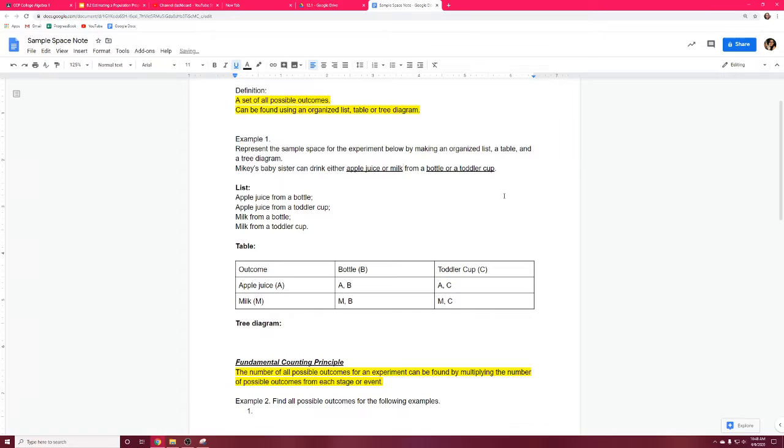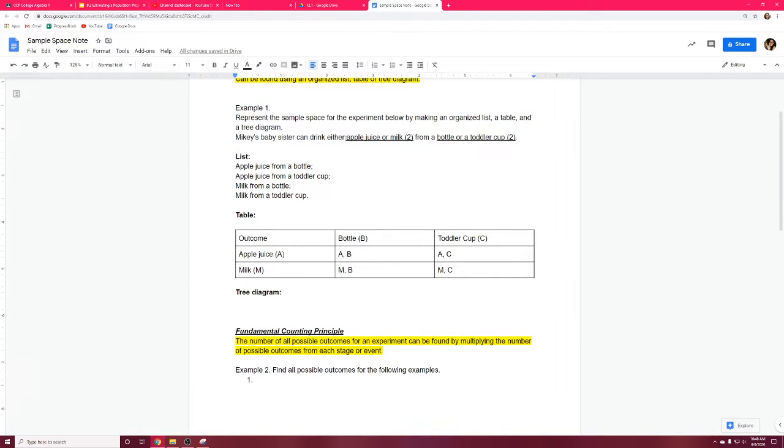So in this event they have two possible outcomes, and in this event you also have two possible outcomes. So the sample space, or all the possible outcomes, is 2 multiplied by 2. 2 times 2 equals 4 outcomes.